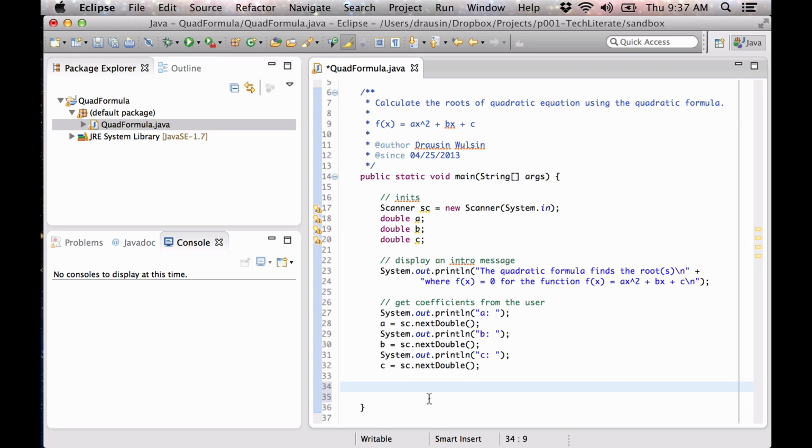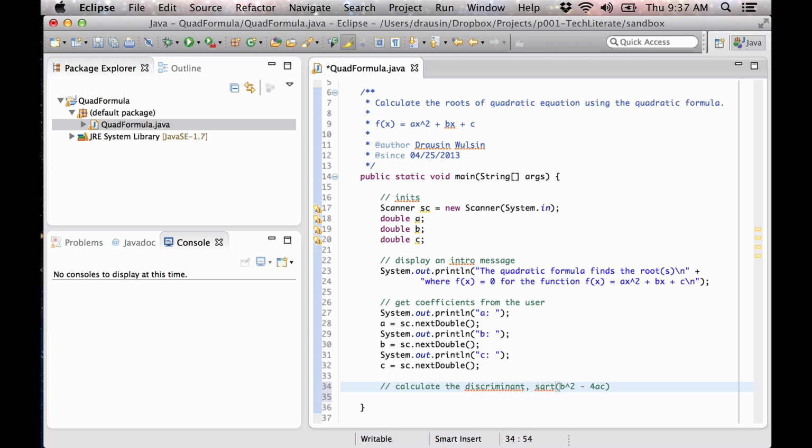And now we need to calculate the discriminant. If you're forgetting, it's b squared minus 4ac.